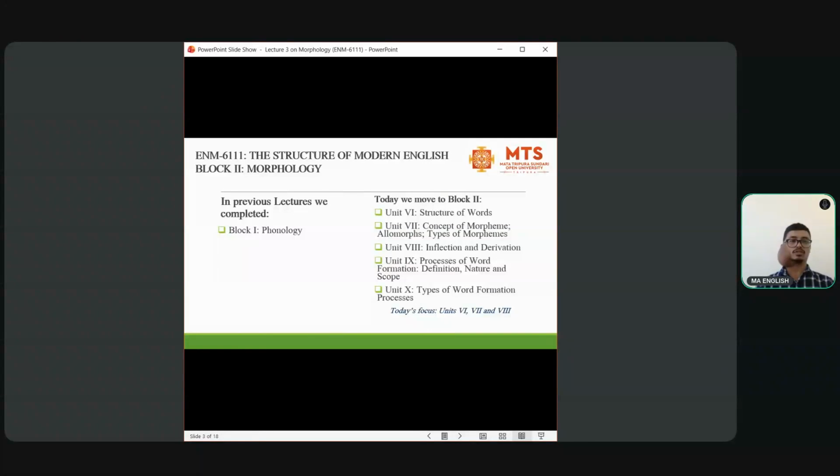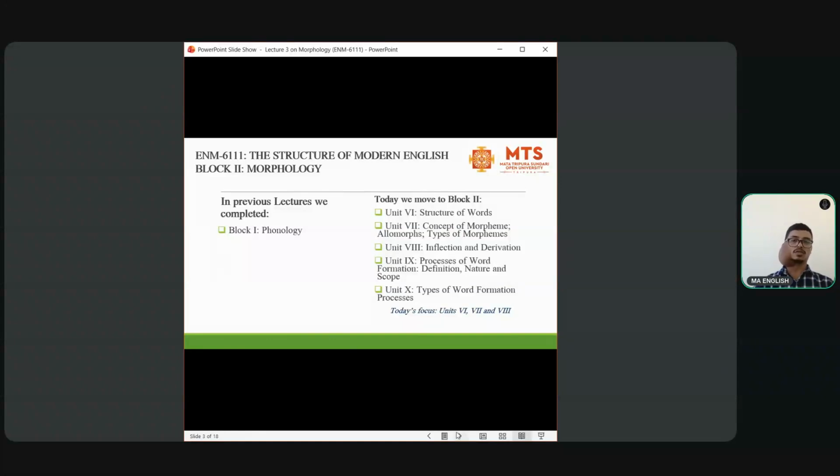But today we're going to deal with only units 6 to 8. So that means structure of words, what a morpheme is, types of morphemes, allomorphs, and the difference between inflection and derivations. Think of today as learning the building blocks of words.